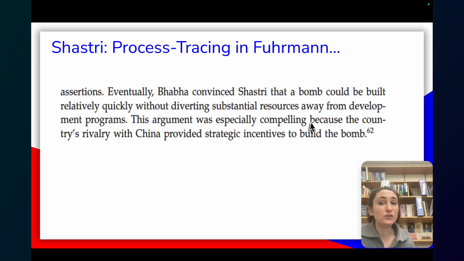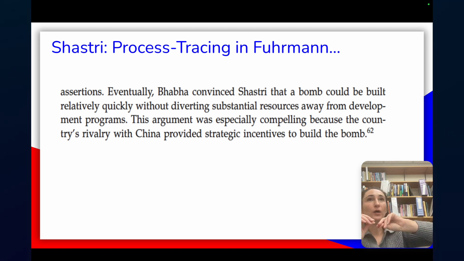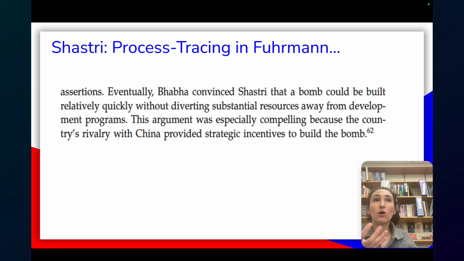This argument was especially compelling because the country's rivalry with China provided strategic incentives to build the bomb. In other words, this successfully clears hurdles 3 and 4 because it's proving, with narrative evidence from India, that between Baba and Shastri, Baba successfully lobbies Shastri to ultimately invest in a nuclear weapons program because they already have the necessary expertise that makes it not super costly to pursue.